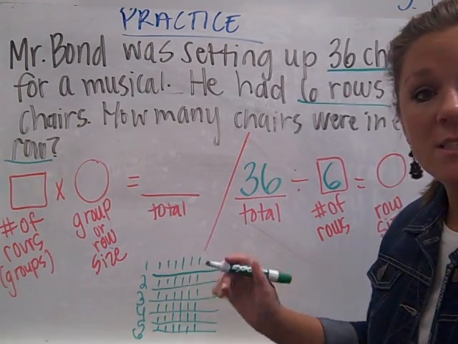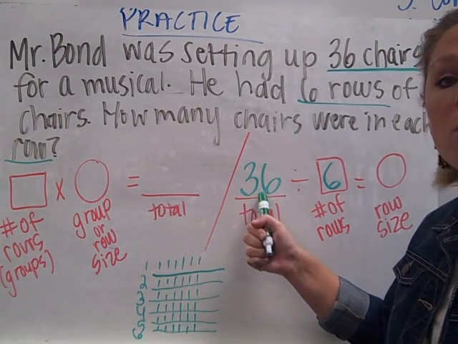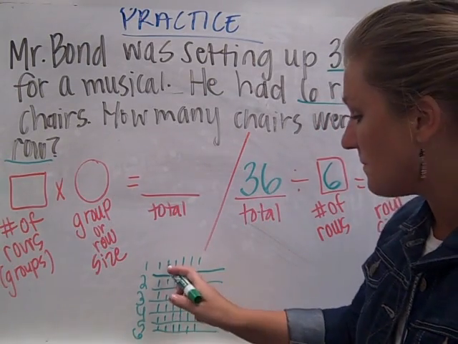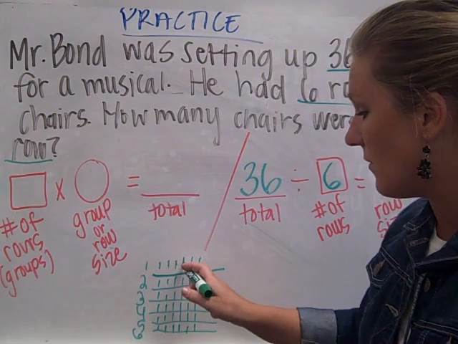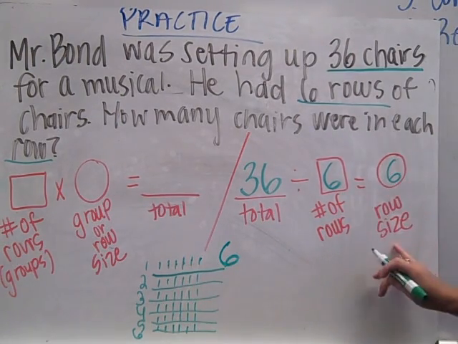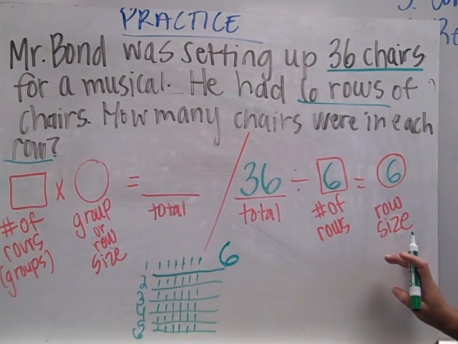So I'm finished, and I stop at 36 again because it's my total number of chairs. Now I'm going to count how many are in each row. 1, 2, 3, 4, 5, 6. Okay, so that's what my row size is, or the amount in each row.